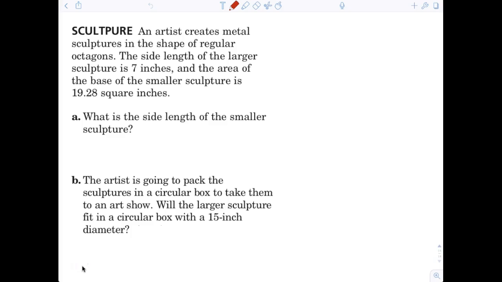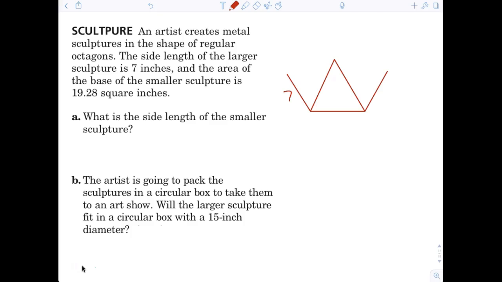So the side length of the larger sculpture is 7 inches. Here's what I want you to do. We're going to draw this here and this here, and that is the octagon. Does everybody agree? So if the side length is 7, remember, if I draw this in here, this one's very important, guys.